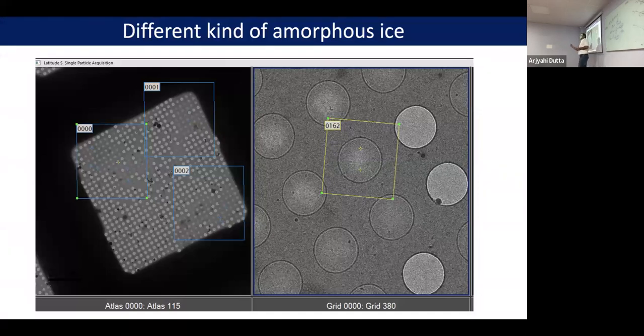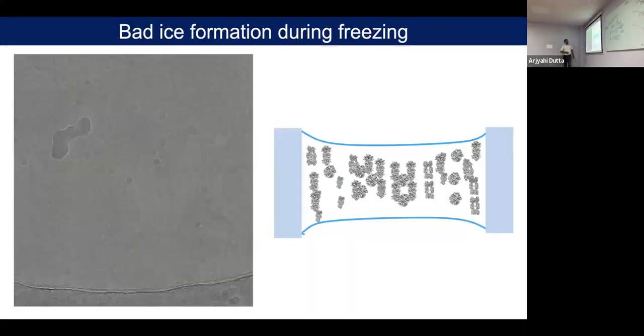That is the condition. If you keep an 8-second exposure and 40 electrons per angstrom square, that will be good enough. If you stay longer, 10 or 12 seconds, it will start melting, but it also depends on the ice thickness, which I'm going to come to next.